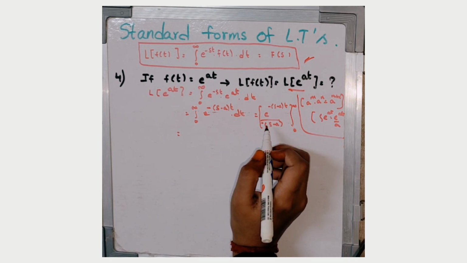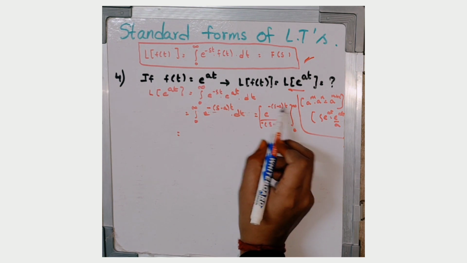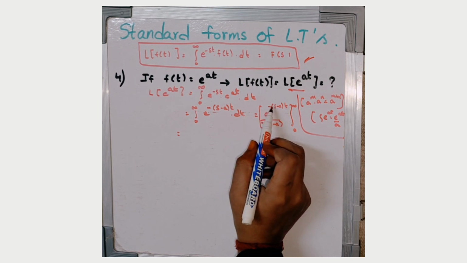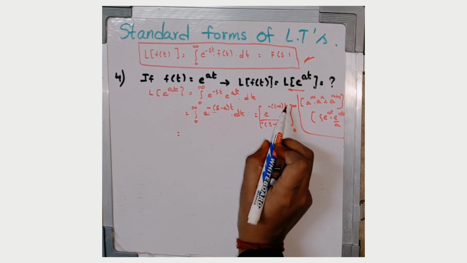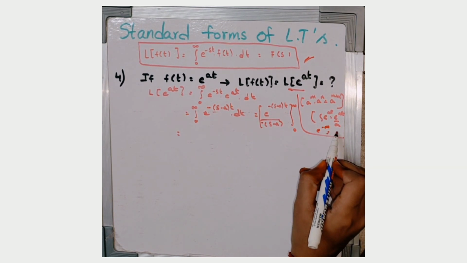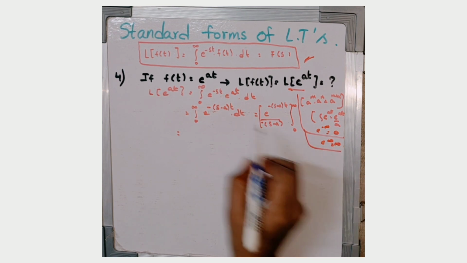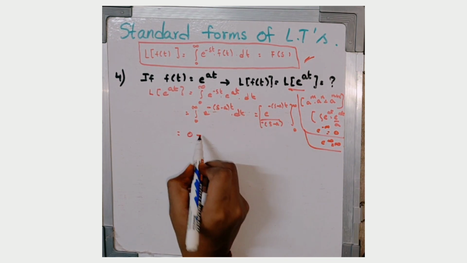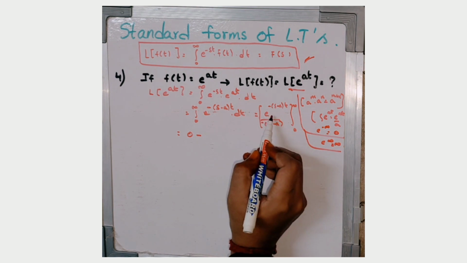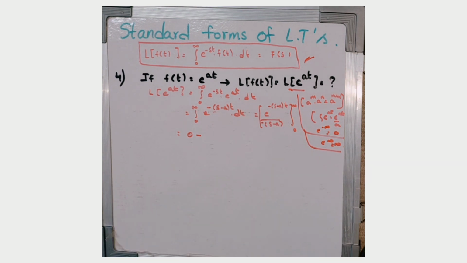Now we have to apply the limits: upper limit minus lower limit. For the upper limit, in the place of t you substitute infinity: e power minus of s minus a into infinity. Here e power minus infinity is 0, so this whole thing becomes 0 minus the lower limit. The lower limit is e power minus of s minus a into 0, and e power 0 is 1.